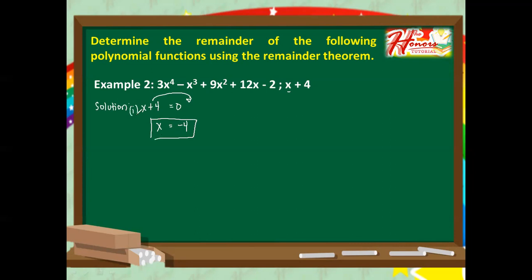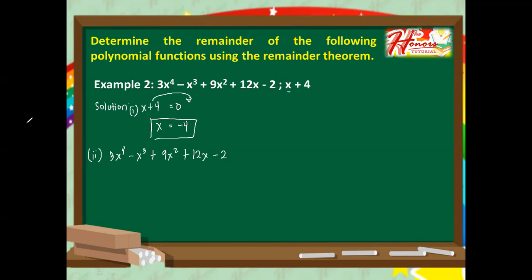This is our first step. For the second step, kindly copy the first given, our dividend. So that is 3x raised to 4 minus x cubed plus 9x squared plus 12x minus 2.